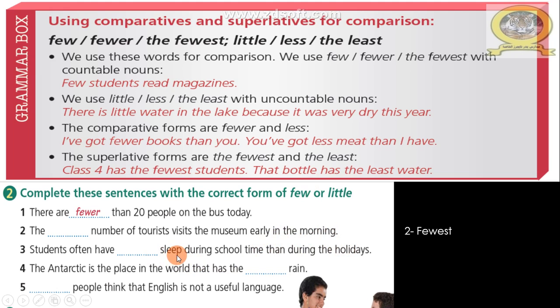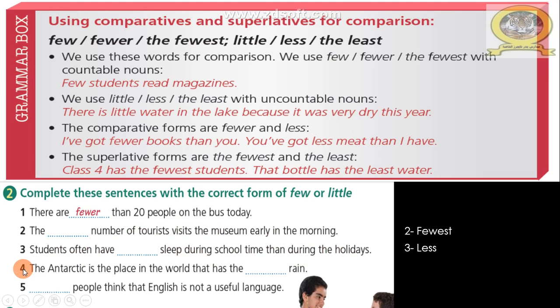Here I'm talking about sleep. Is it a countable or uncountable noun? Yes, uncountable noun, so the answer will be less. Students often have less sleep during school time than during the holidays.